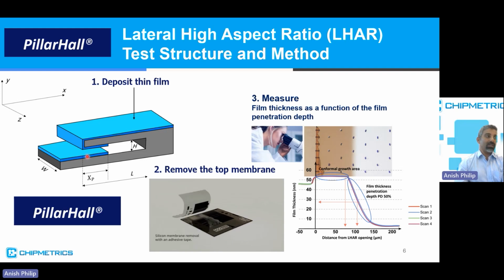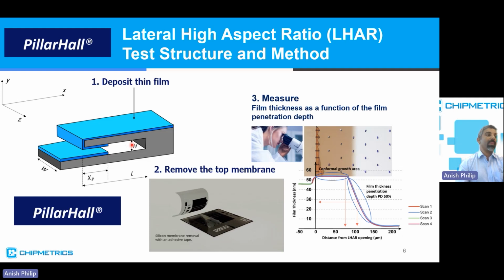But we are looking for the film that is obtained inside of the trench. And this area represents the opening area, and we measure the penetration depth starting from here till the end of your film. This is denoted as XP. It denotes the penetration depth. And H represents the gap height, that means the distance from the surface of the PillarHall chip to the top roof.